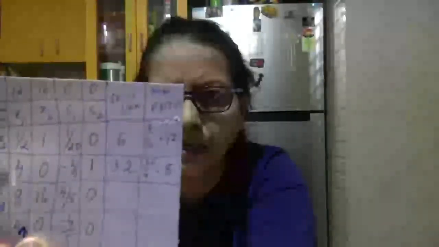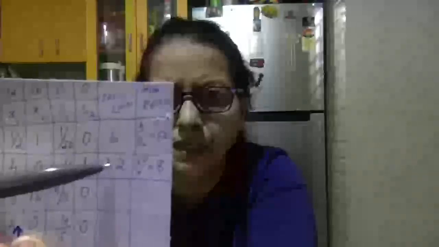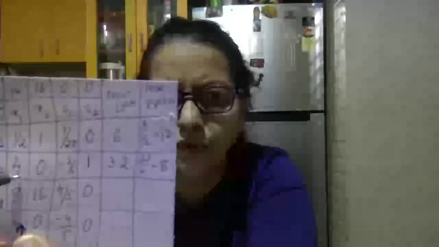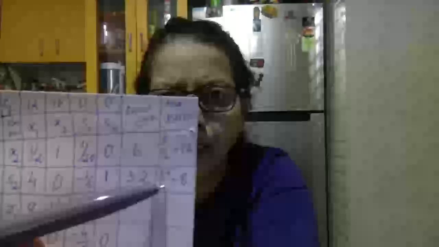Okay, so I divided the solution column, this 32 and 6. The element in the key column for 32 is 4, and for 6 it is half. So I divided 32 by 4, I got 8, and 6 divided by half is equal to 12.